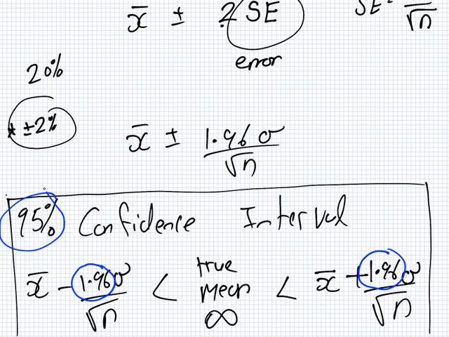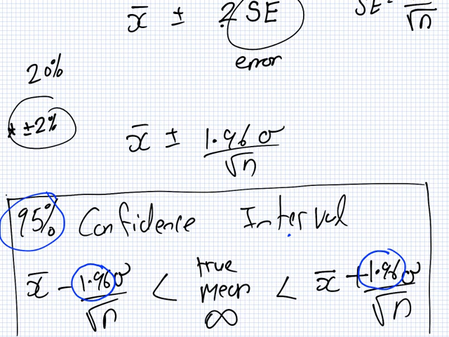Not guaranteed, but one thing that makes me think this is that in the formula book, when they give you this confidence interval formula, they actually use the 95% version of the formula, so that's what they would probably ask in the exam, because that's the one they have in the formula book.